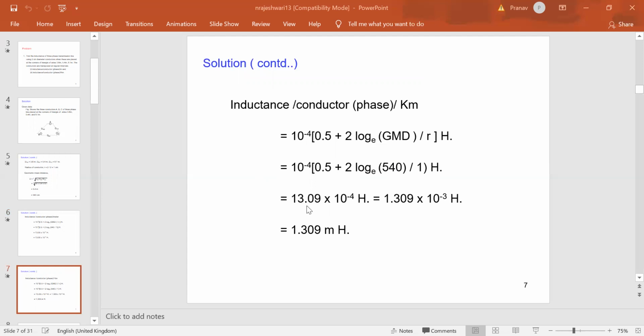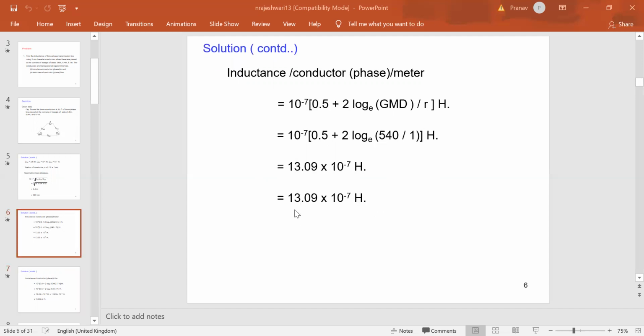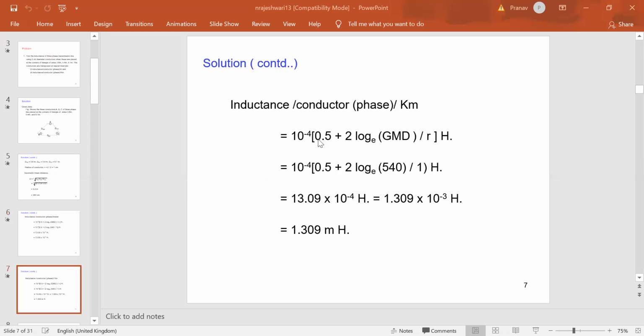So that is 13.09 into 10 to the power of minus 4 Henries, which is 1.309 into 10 to the power of minus 3 Henries, which is equal to 1.309 millihenries. So this is the inductance per conductor per kilometer. Per meter it is 13.09 into 10 to the power of minus 7 Henry, and per kilometer it is 1.309 millihenries of a transposed line.